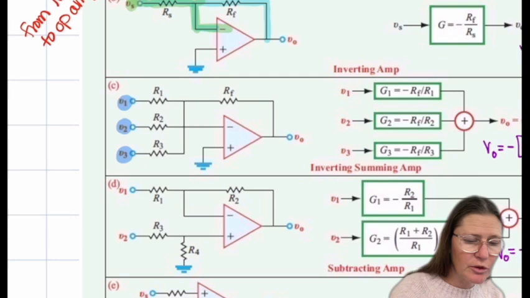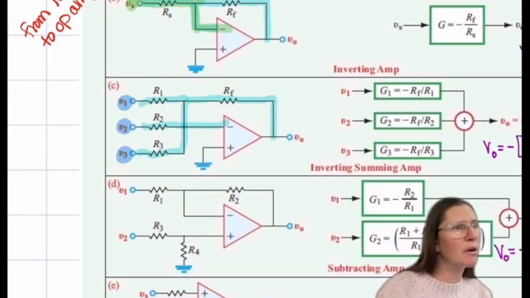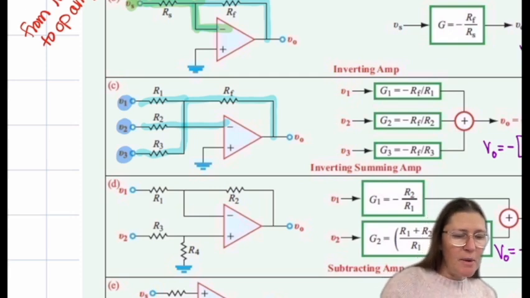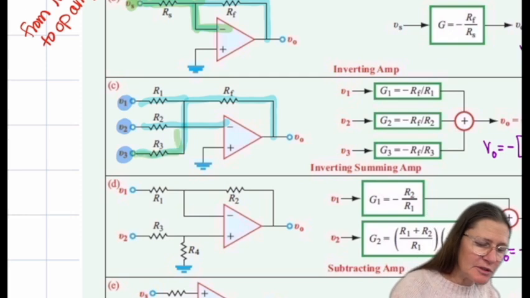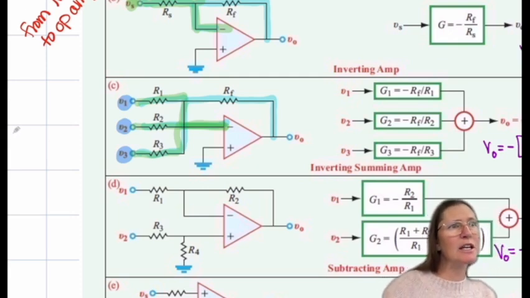Looking at that, I have a pathway to my input and to the op amp. So yes, it has feedback. The pathway from these sources goes into the negative. So this will be an inverting summer because it goes into the negative terminal.